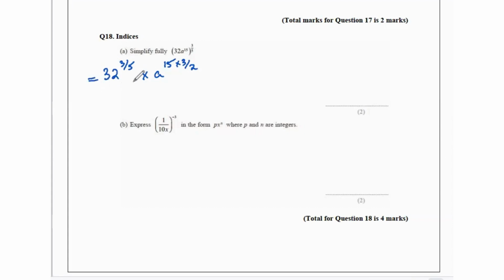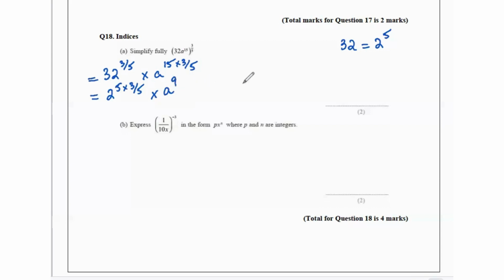Now, to simplify this 32 to the power of 3 over 5, you need to convert the 32 into index form. 32, as you would know, is the same as 2 to the power of 5. So let's rewrite 32 as 2 to the power of 5 times 3 over 5. 15 divided by 5 is 3, and 3 times 3 is 9.